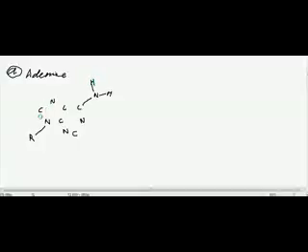Now we have to connect these, so this will be a single bond, double bond here, single bond here, single bond here, a double bond here, a single bond here, a single bond here, double bond here, double bond here, and a single bond here. And that's adenine.